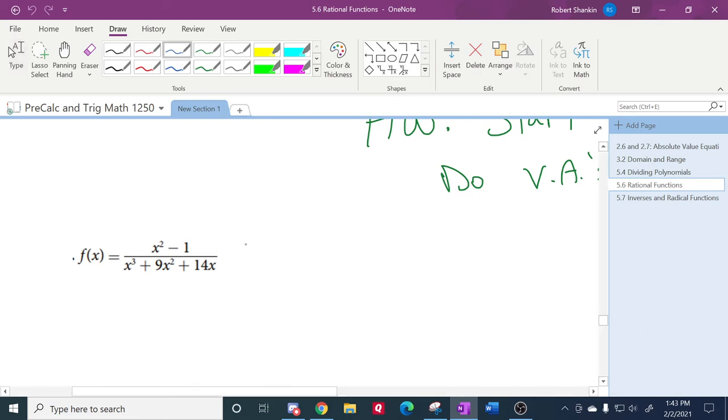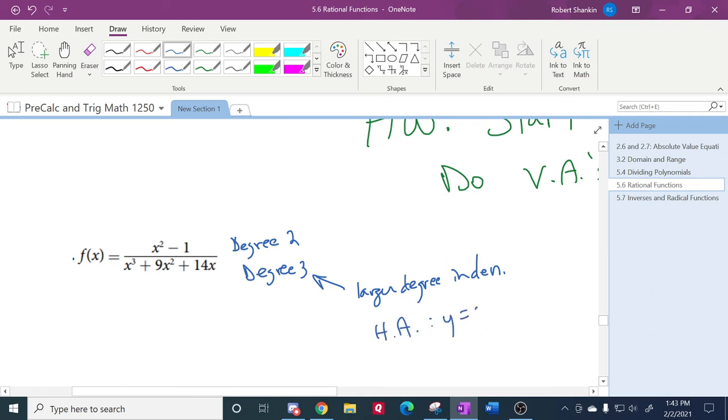So this is degree 2 over degree 3, so larger degree in the denominator. Then the horizontal asymptote is y equals 0.